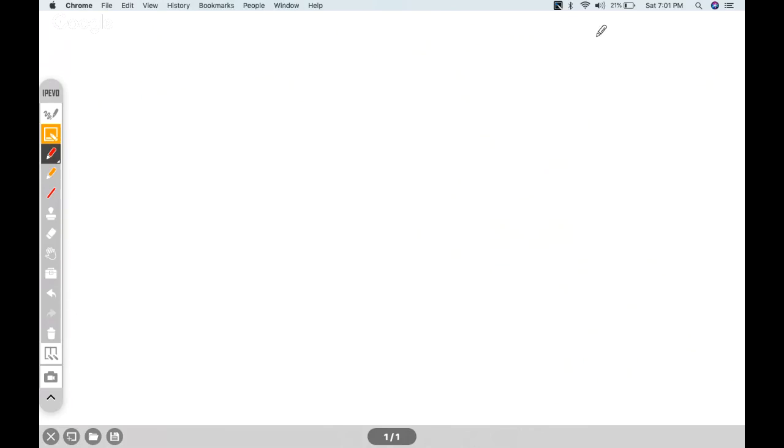So suppose ABCD is a parallelogram, and no, this is not the diagram.